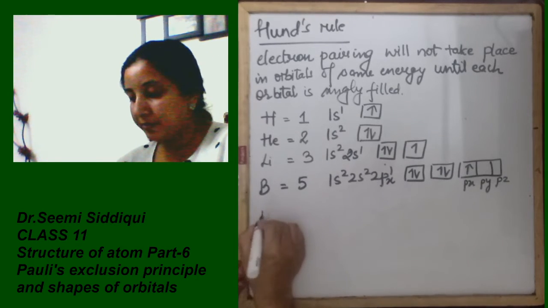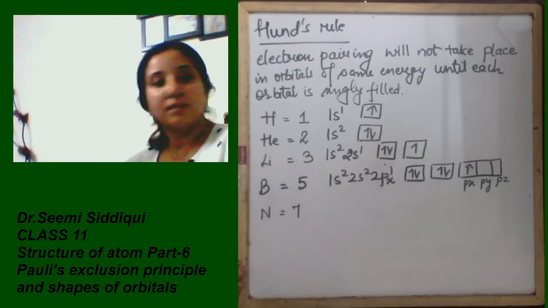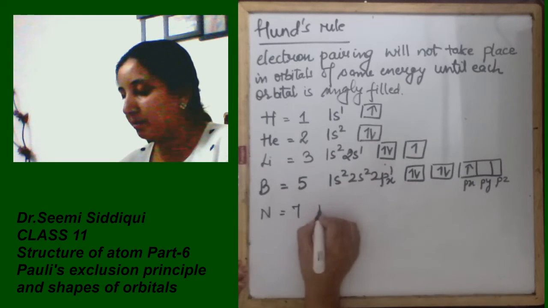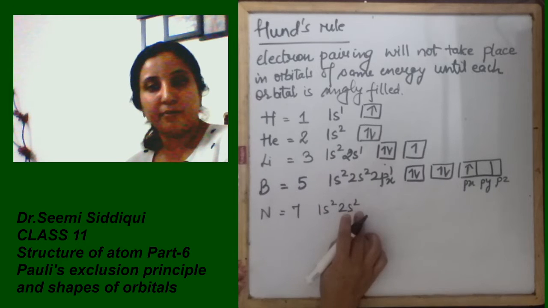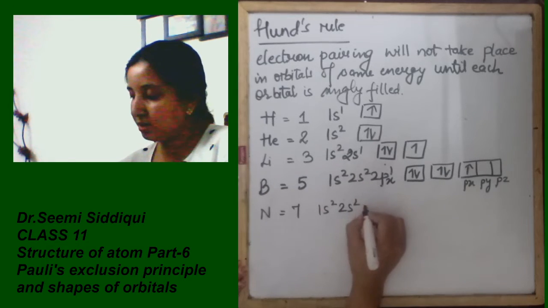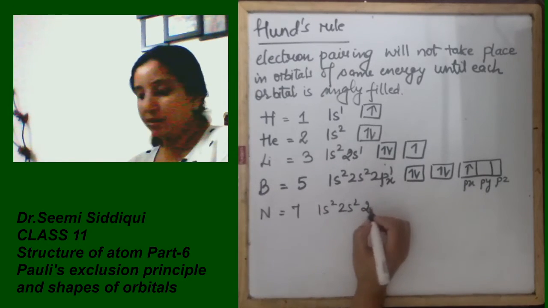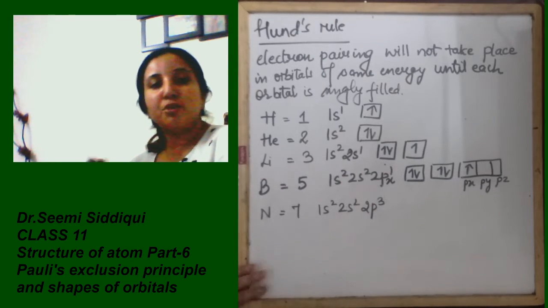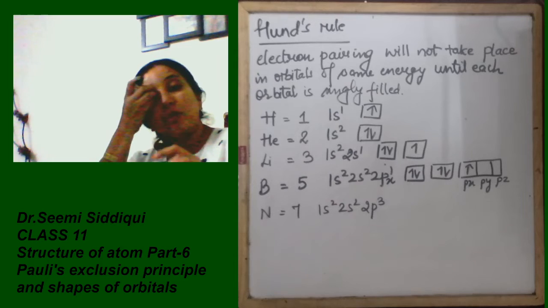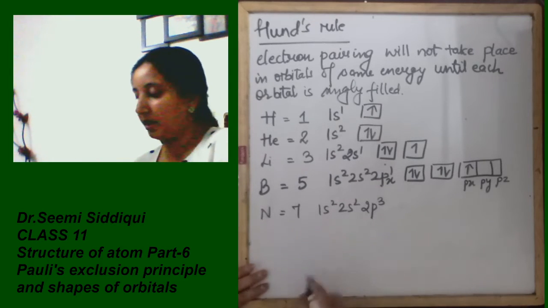Now next one comes your nitrogen. 7 एटॉमिक नंबर, 1s2 2s2, 4 इलेक्ट्रॉन्स हो गए. Okay, and then it is going to have the 3 electrons बचे, 2p3. अब ये 2p3 वाला फंडा जो है जब थोड़ा हम एक्सपर्ट हो जाएंगे तब हम यूज करेंगे.